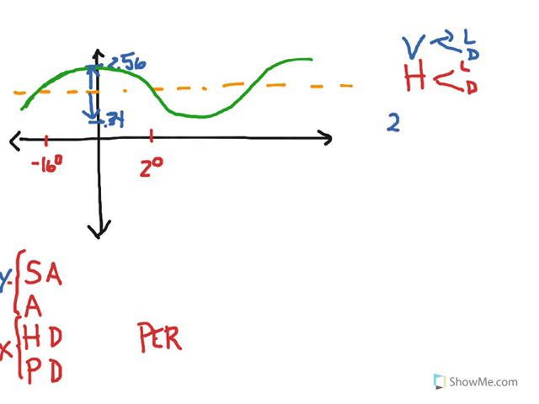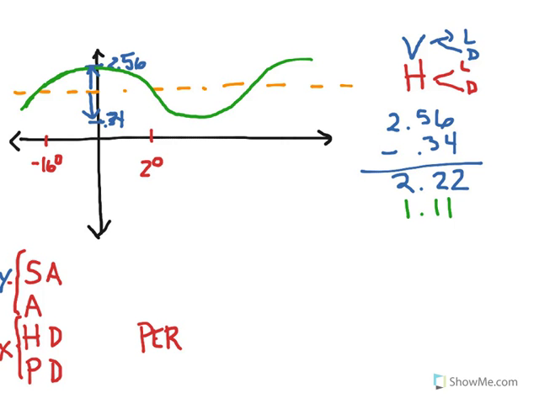So I'll do 2.56 minus 0.34 to find the distance between the top and bottom, and the total distance from top to bottom is 2.22, so the distance from the top to the middle is going to be half of that, or 1.11. That tells me the distance, not where it is.